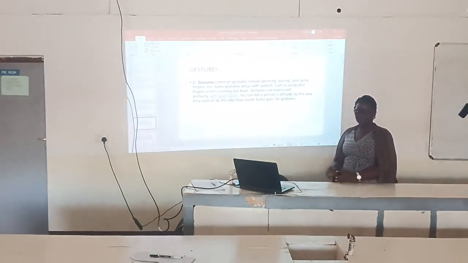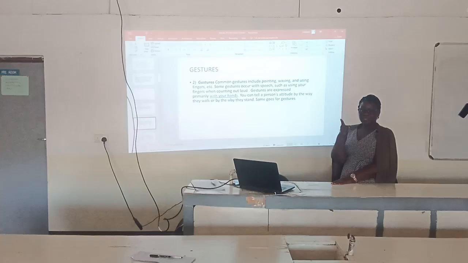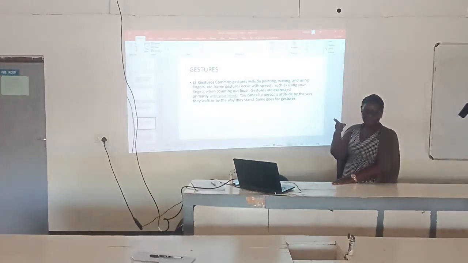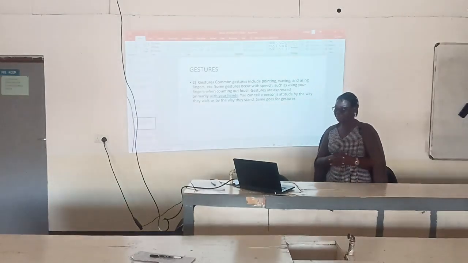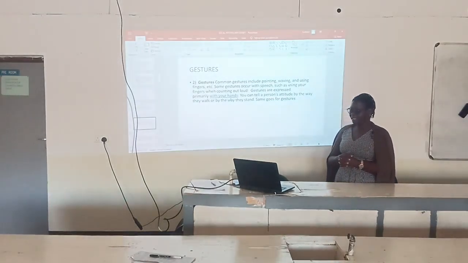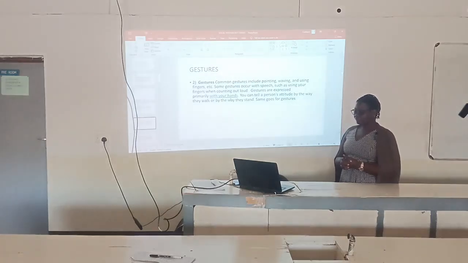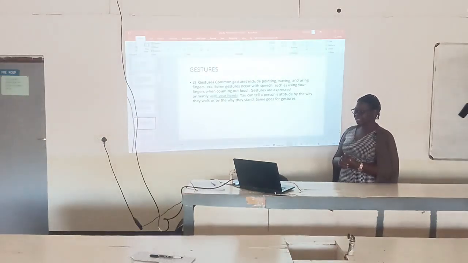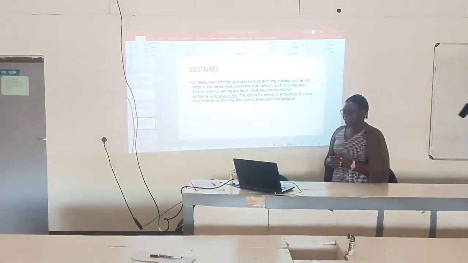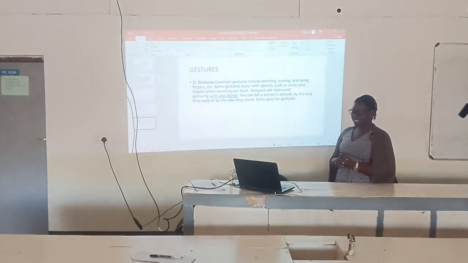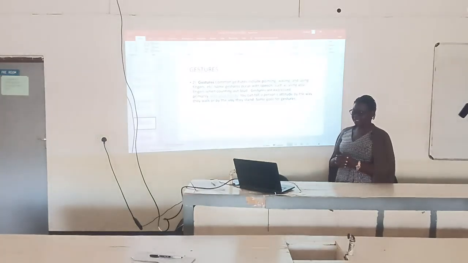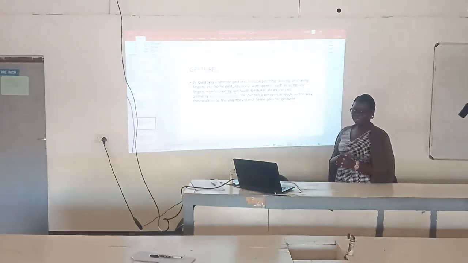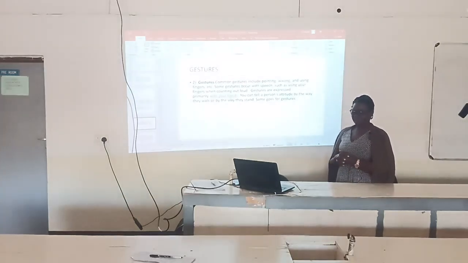For example, you may point like this with the word, you. Okay? So this is what it's all about in gestures. In gestures, you can tell a person's attitude by just looking at the way he's moving, the steps he's taking.